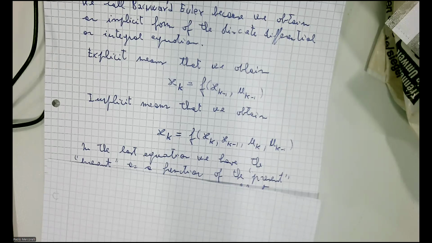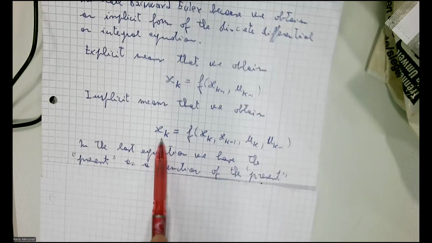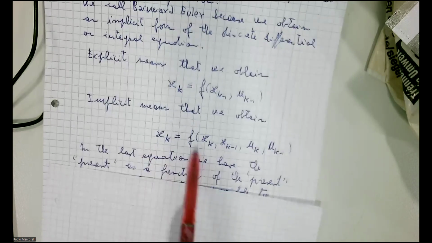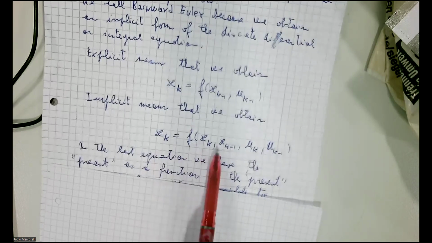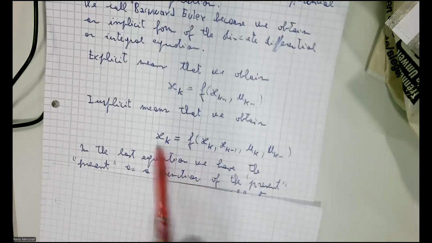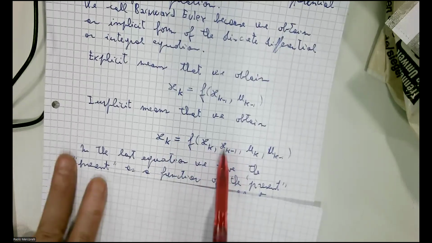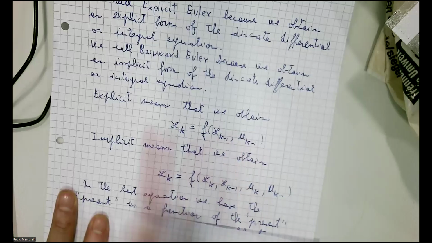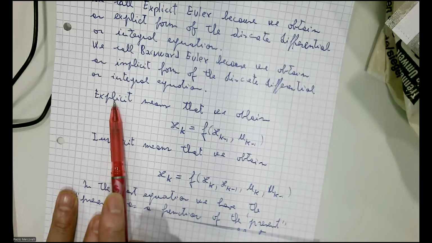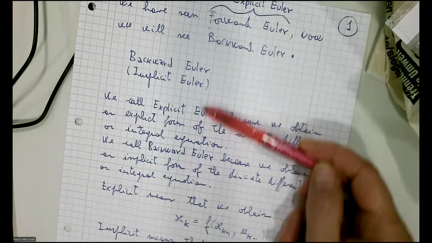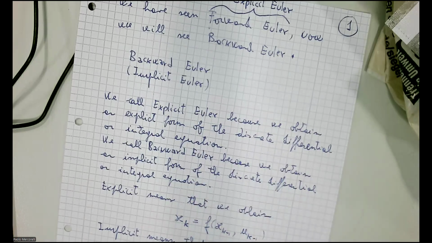But anyway, think that it's not only backward Euler and the implicit form, which means that x of k, you have also other methods. x of k is in a function. Once we have the discretization of x of k, please, here is the big difference. x of k minus 1 was present also in forward Euler. Forward is explicit. Backward is implicit.